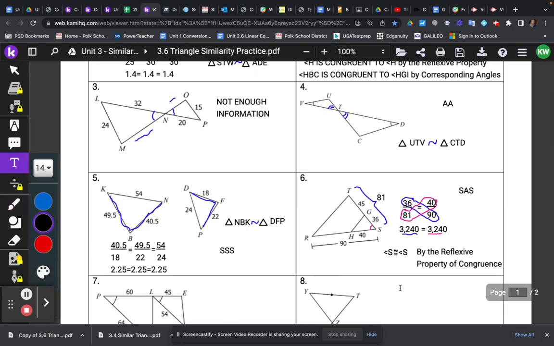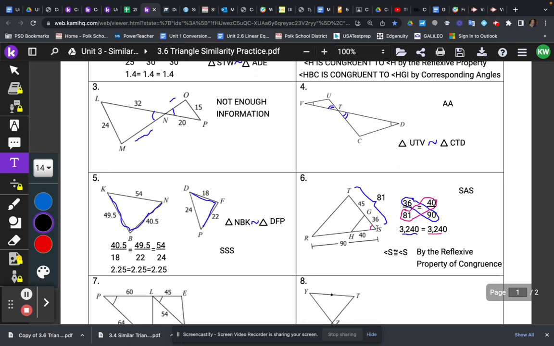Once again, we can prove that these two triangles are similar by side-angle-side because the angle is in between. Angle S is congruent to angle S. That's by the reflexive property of congruence. And the sides on either side of angle S are also proportional.